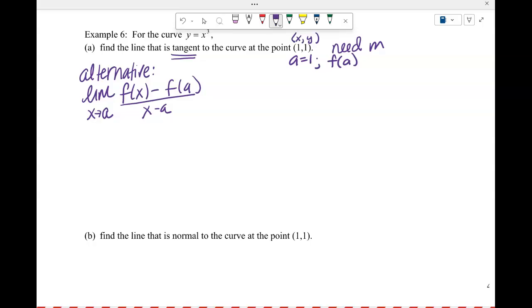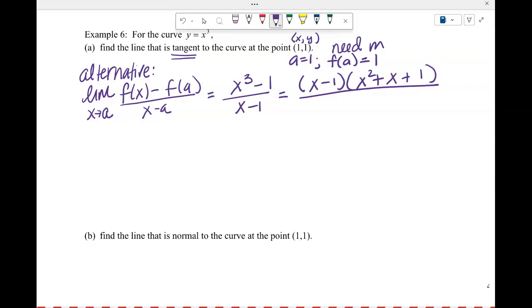So we are going to say x to the third minus 1 all over x minus 1. This is a difference of cubes, so your factoring is going to be x minus 1 times x squared plus ab, which is 1 times x is x, plus b squared, so it's going to be 1, all over x minus 1.